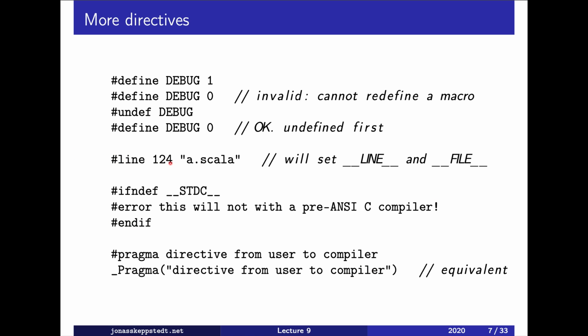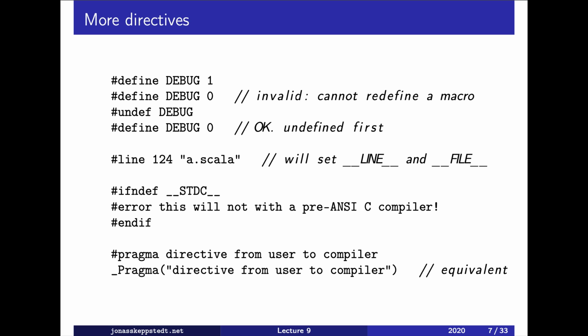And if we do it like this, the preprocessor will think that the source file that it is reading is called this, and it is at line 124.